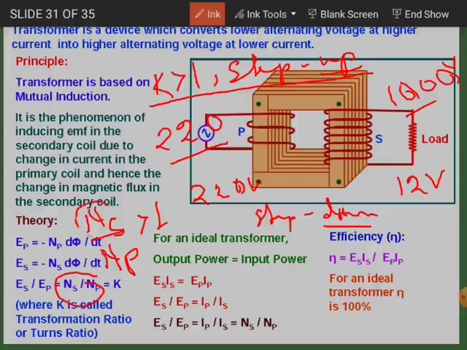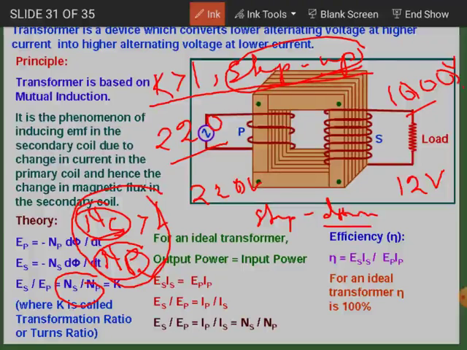The number of secondary turns must be very large when you compare with that of the primary coil. That means the total number of secondary turns will be more than the total number of primary turns. Then that type of transformer will be called as what?